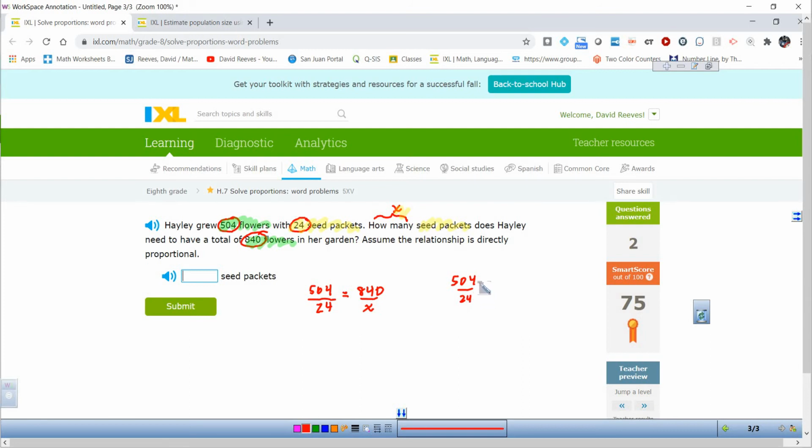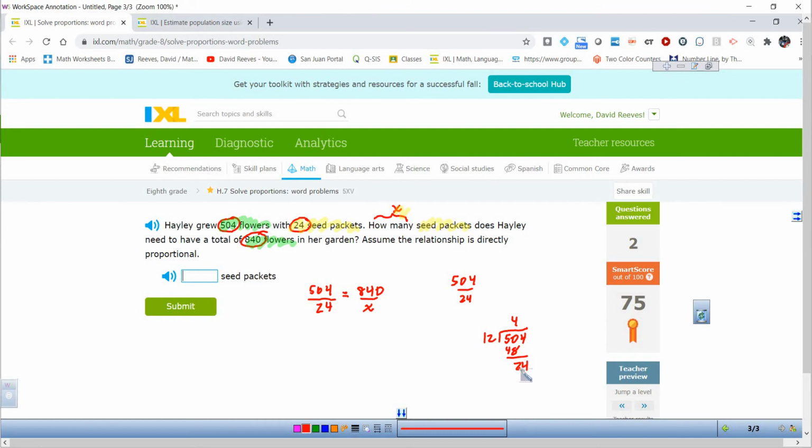Now, obviously, those are divisible by 2. Those are divisible by 4. I'm wondering if I can get any bigger. I'm wondering about 12 because I know that 12 goes into 24. So real quickly, I'm going to see if 12 goes into 504. Well, 12 goes into 50, 4 times, and I get 48.